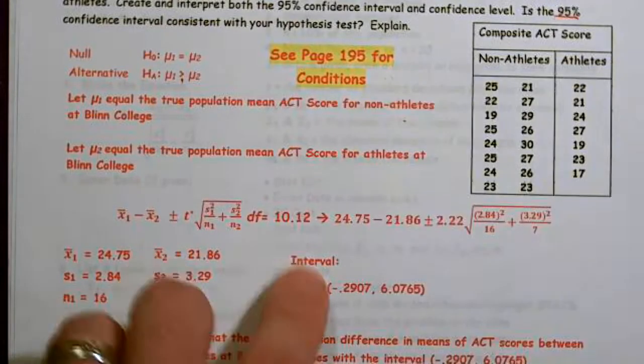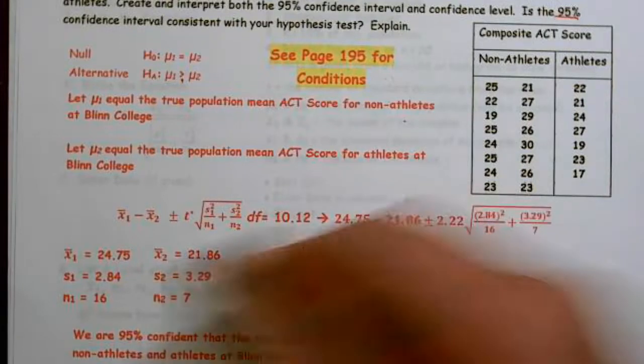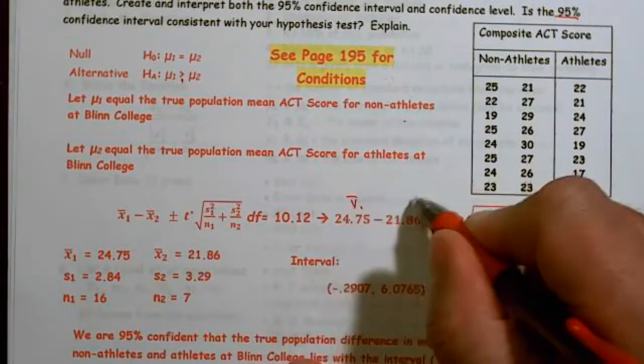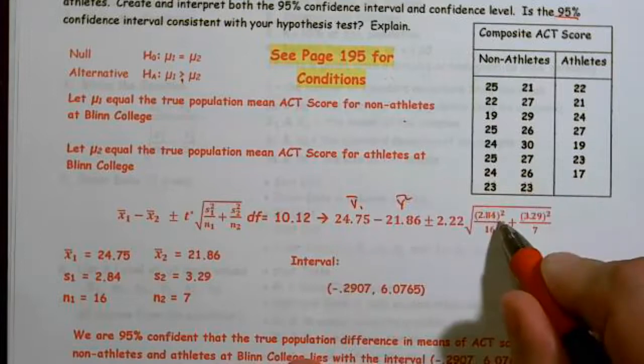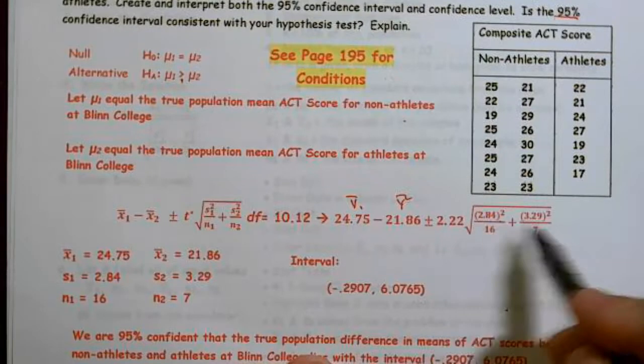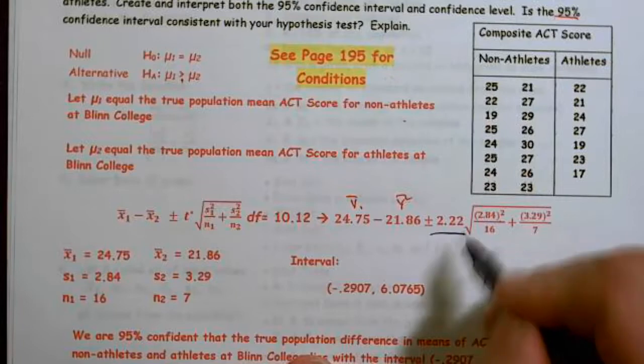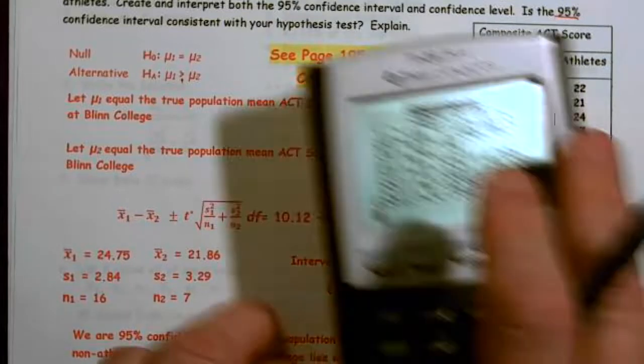When we go to plug into our formula, we have our X bar 1, our X bar 2, the standard deviation for our non-athletes, and the standard deviation for athletes, but what we're missing is T star. So the question is, how do you get that?